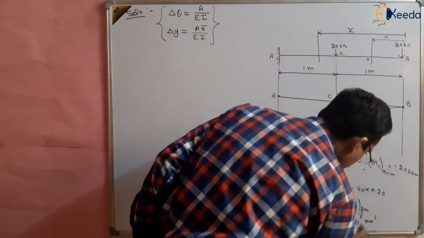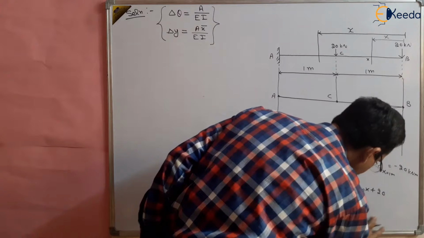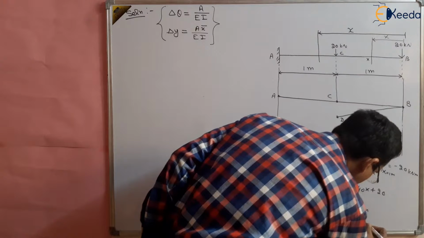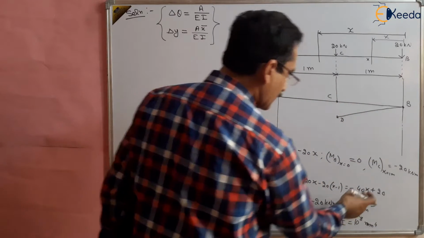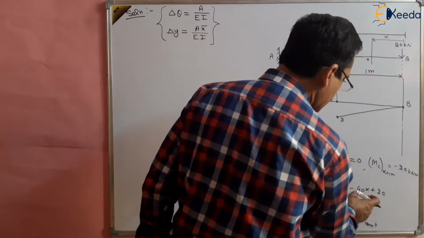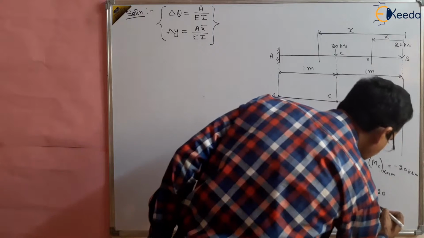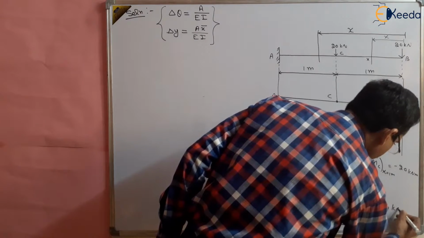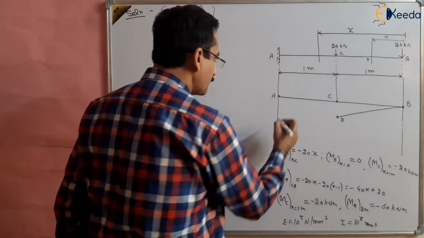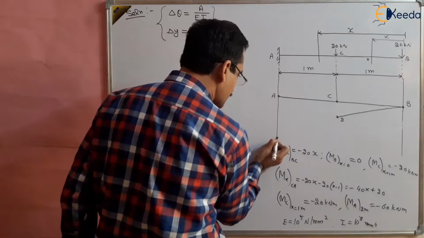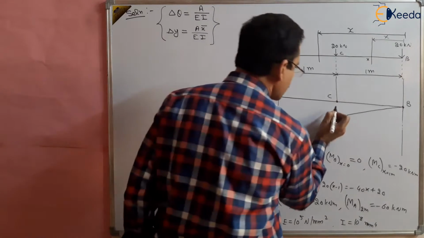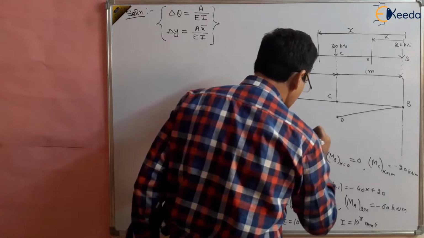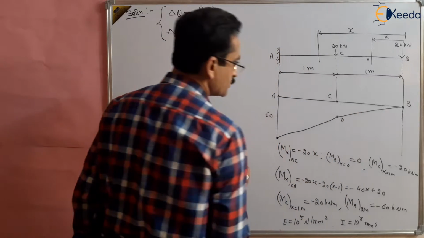Put the value 20 here, minus 80 plus 20, it will be minus 60 kilonewton meter. So this is 60 kilonewton meter, and make a line meeting these points, right?